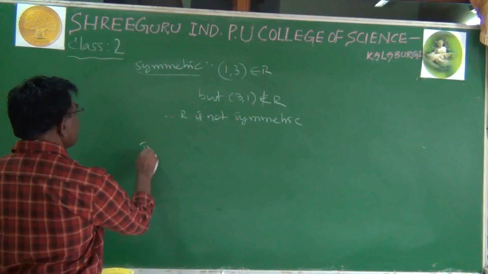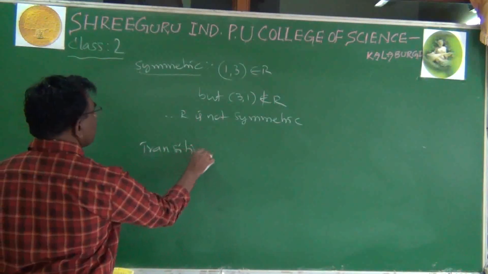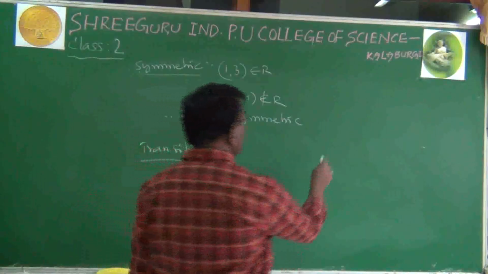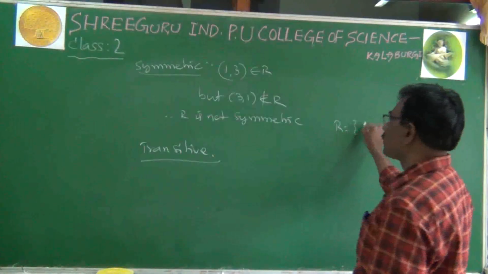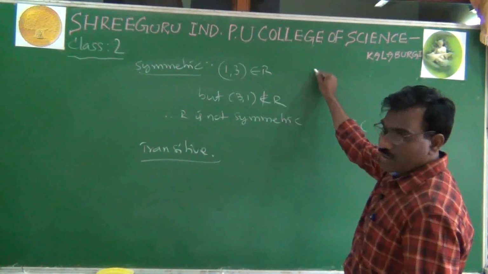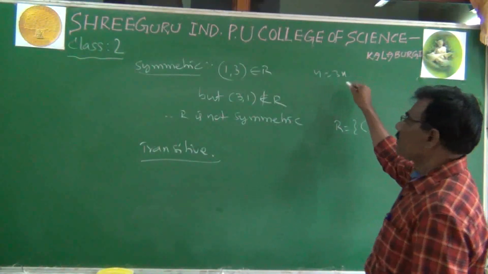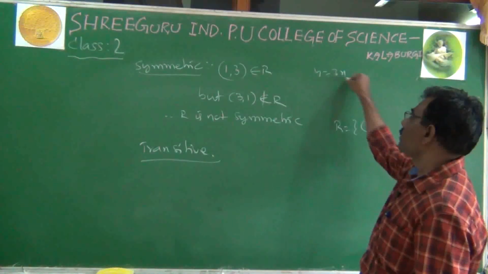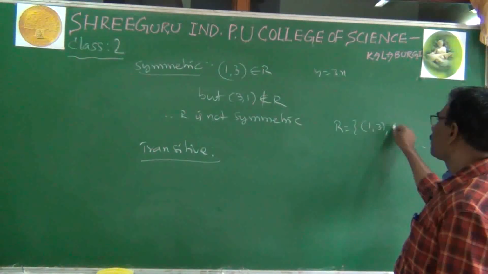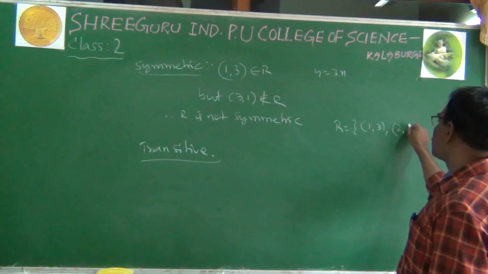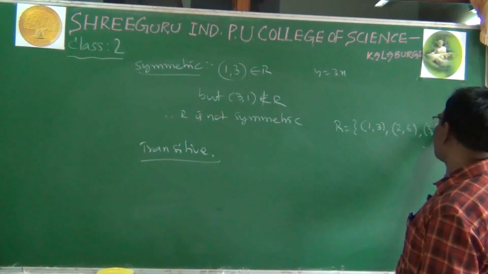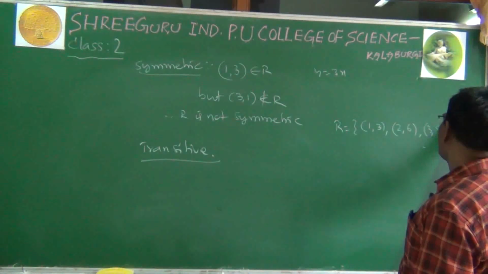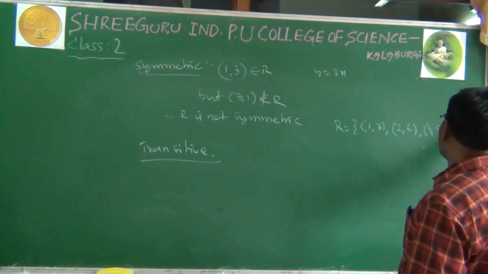Transitive. What is the relation R? R is y equal to 3x. x is 1, y is 3; x is 2, y is 6; x is 3, y is 9; x is 4, y is 12.